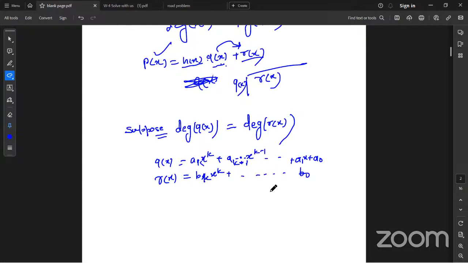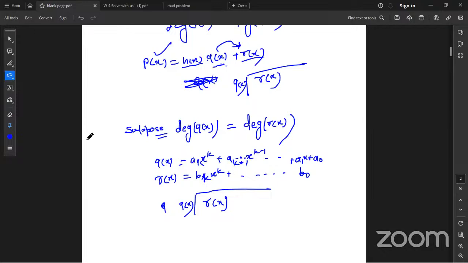Now here see, since both polynomials have the same degree, you can divide this R(x) by Q(x), right? How will you divide? Can someone tell me?